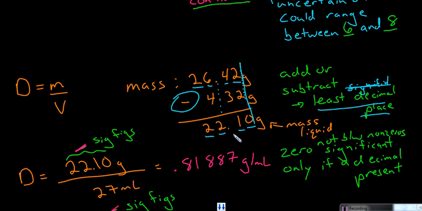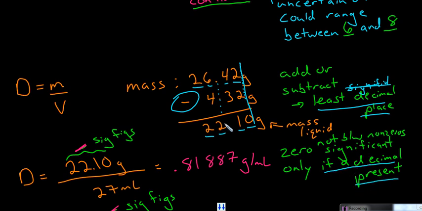How many significant figures are in this number? Well, you would definitely say that the 2 here and the 2 here and the 1 here are significant. Should you say that the 0 here is significant? Well, actually, yes. You want to consider zeros significant if there's a decimal place present.